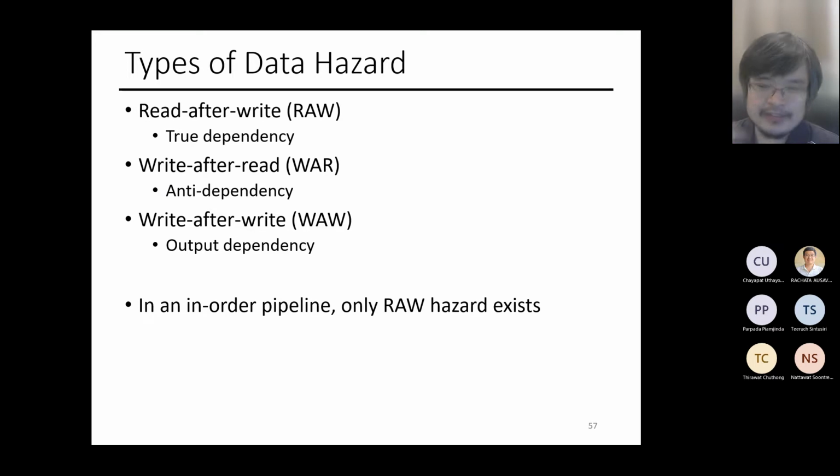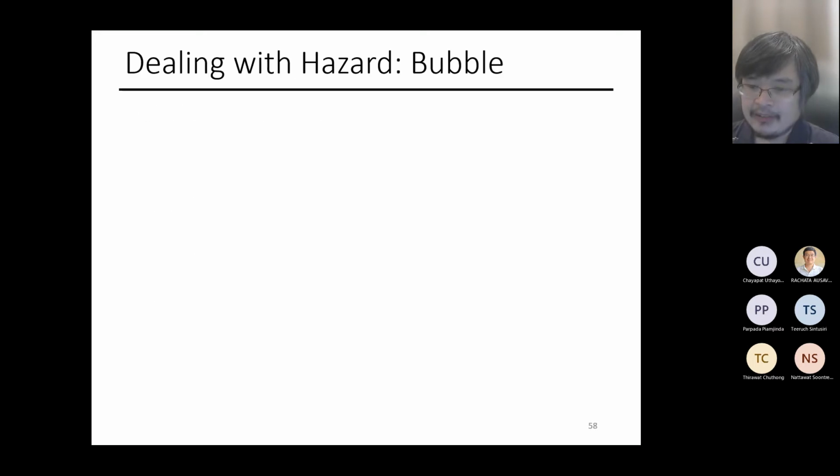And the simplest way to deal with data hazard is we can insert what we call a bubble. Bubble, which is I do nothing until my register is done in the write back. So this is the first method to deal with data hazard, and this is your lab 2. Your lab 2 is to first detect the data hazard and do nothing until the data is written back so that you have the correct value, right?